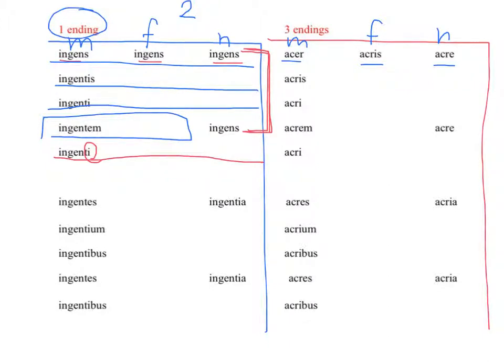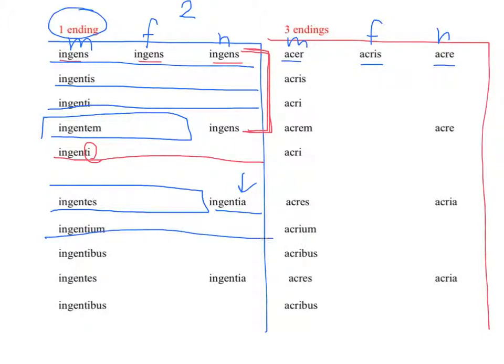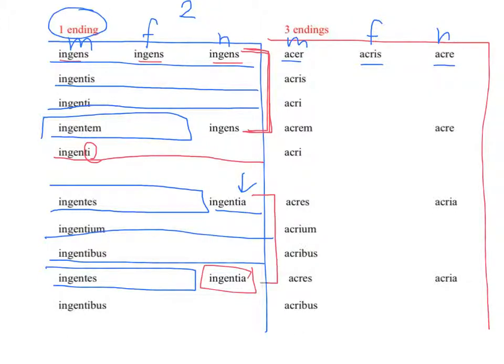In the plural, the nominative masculine and feminine are the same, whereas the neuter is different. Note that it has the I again, the -ia. Then ingentium for all genders, ingentibus for all genders, ingentes for the masculine and feminine, ingentia for the accusative. The nominative and accusative for all neuters is always the same.